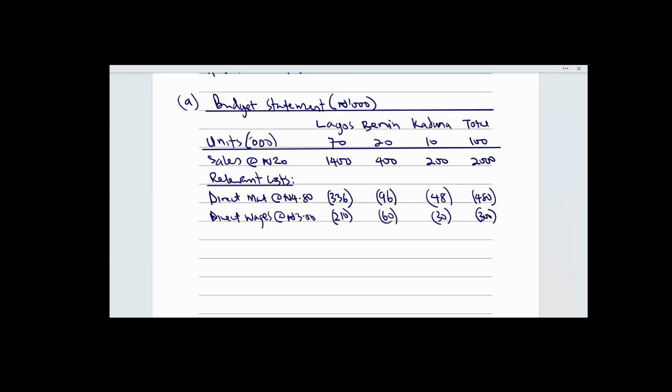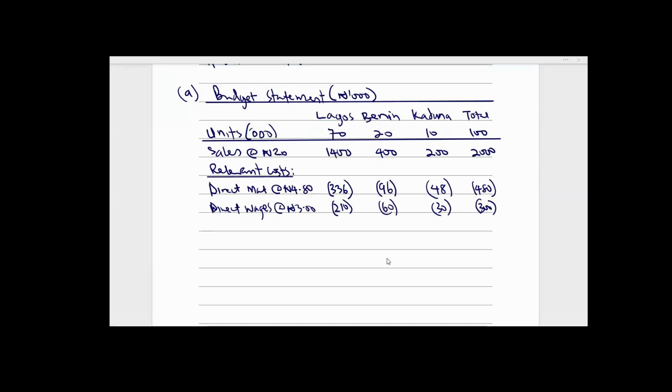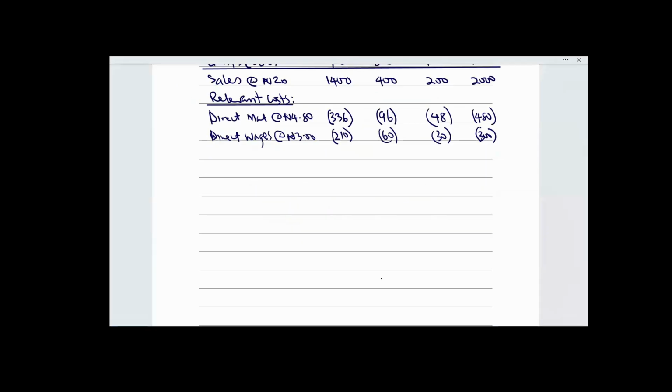We'll go back again to the question to identify other relevant costs. We have factory variable overhead at 140% of direct wages.